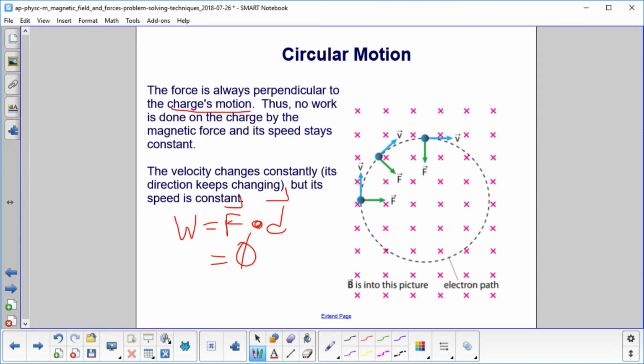And then by the work energy equation, if I have KE initial plus work equals KE final, there's no work, the kinetic energy doesn't change, so the speed of the particle stays the same. The magnetic force will not change the speed of the particle. It, of course, will change its velocity, right? Because the velocity includes the direction piece, and you can see how the velocity keeps pointing in different directions, but it maintains the same speed.